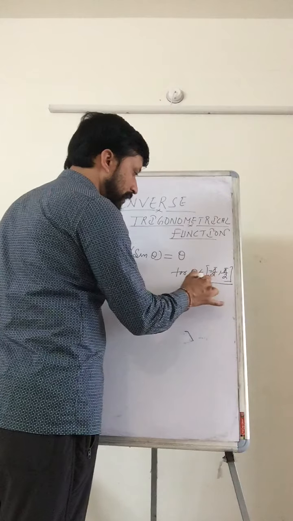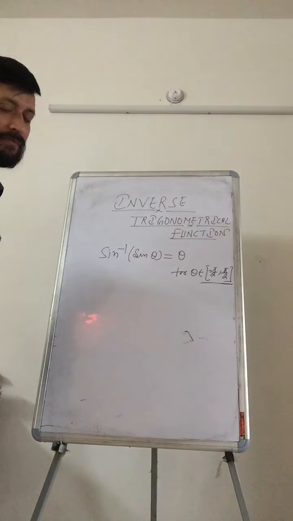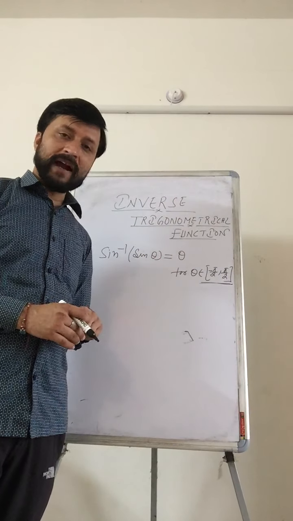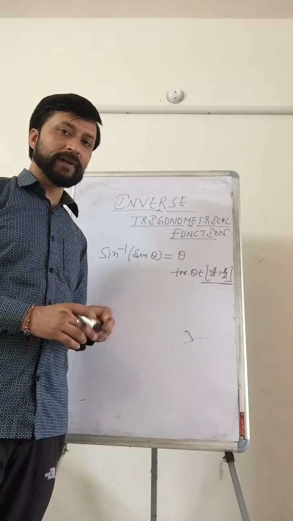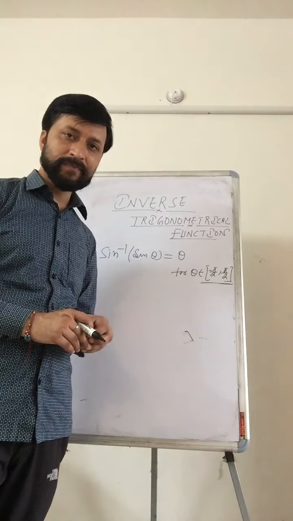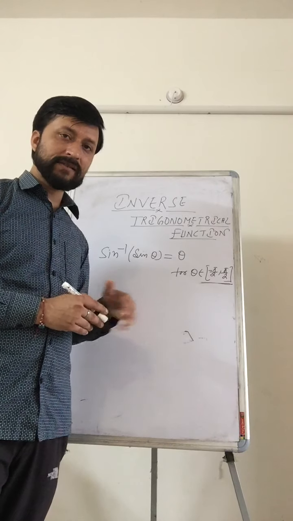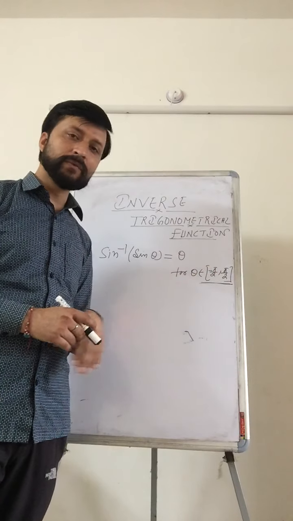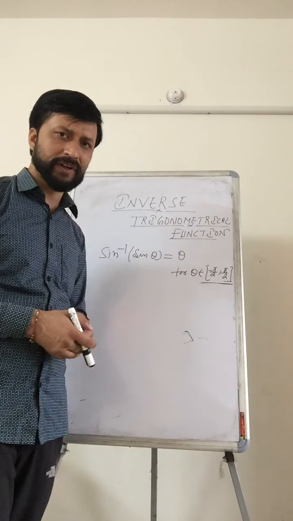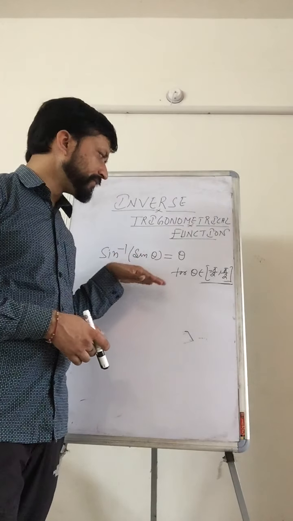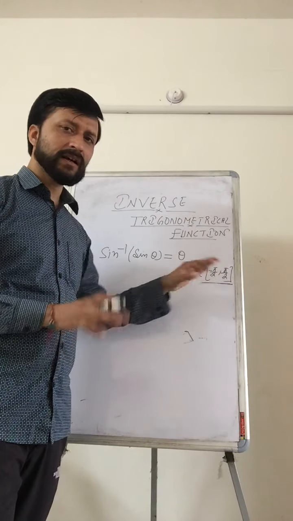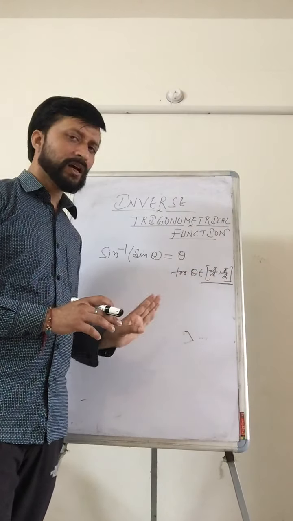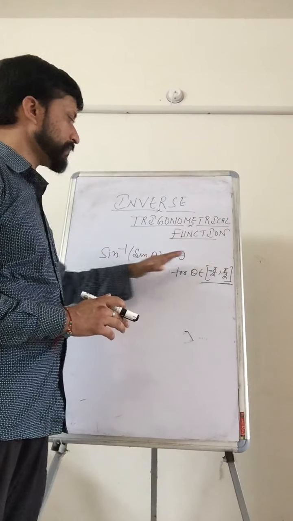It is valid only for angles between these, because in the beginning I told you that the inverse of a trigonometric function is actually not valid, because it is not valid for all angles. It is valid for a certain range, because for any angle the function will not be one-one and onto and there will be no question of inverse. But yes, we can find the inverse of a function under a given condition. The condition is this. So anyway, you have to remember this first.